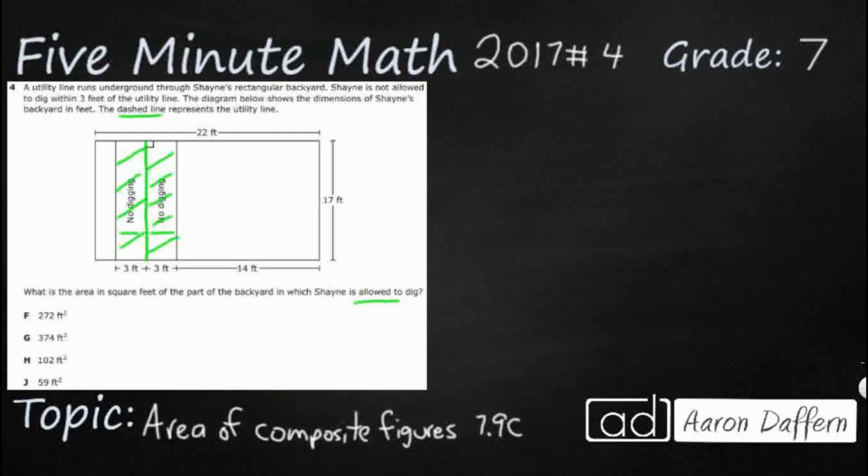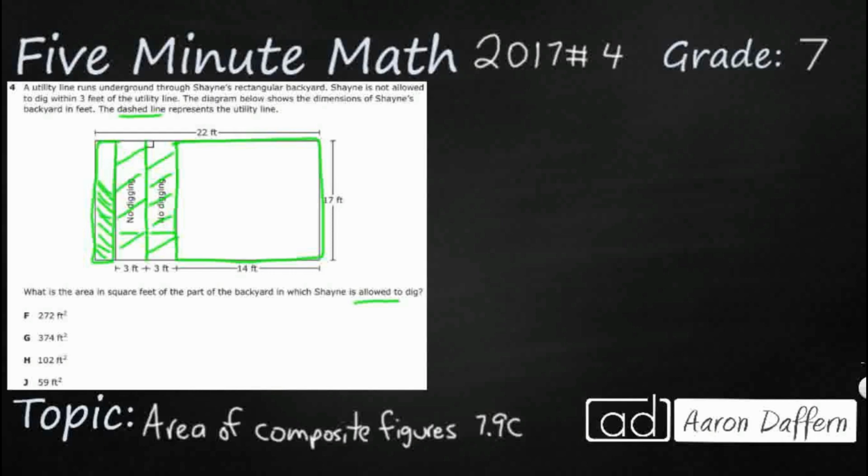So we have a section removed. We can dig here in this big chunk because it's not within 3 feet, but we can't forget this little guy right here. We've got a little bit over here on the left that's outside of that 3 feet. So I'm going to just draw these lines right here.